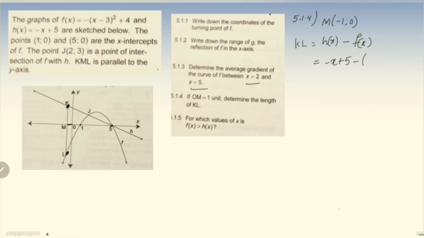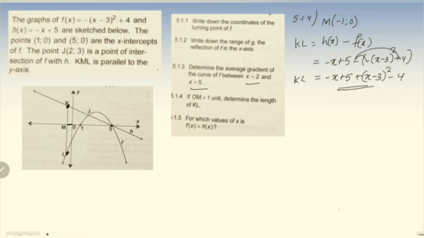Let me use a bracket because more than one term is there. That is minus of x minus 3 all squared plus 4. So KL is going to be minus x plus 5, then I'm not opening the bracket, I'm just leaving the bracket as it is, then minus going to multiply with the plus 4, so it is going to be minus 4. This is the expression of KL in terms of x.